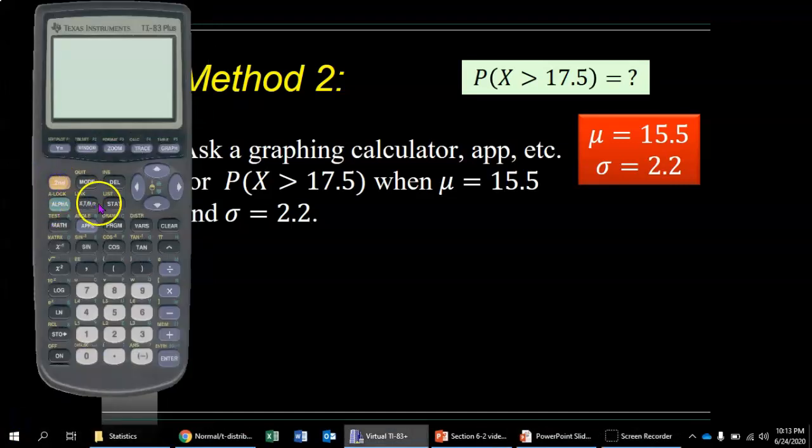If you had a different model of calculator or it was set up differently, then when you select normal CDF, you might just get the word normal CDF. Then you would put in 4 numbers: the lower limit, 17.5, comma, the upper limit, 9999, comma, the mean, 15.5, comma, the standard deviation, 2.2. And it will give you the answer, 0.18165, and so on.